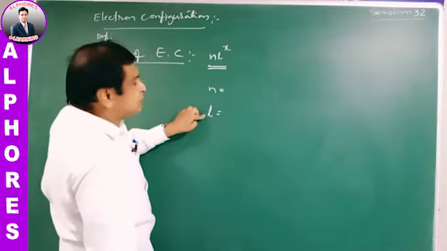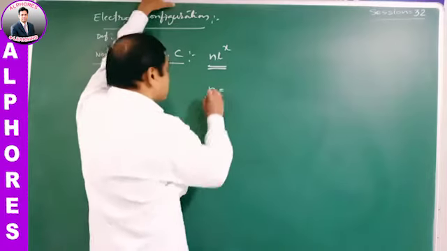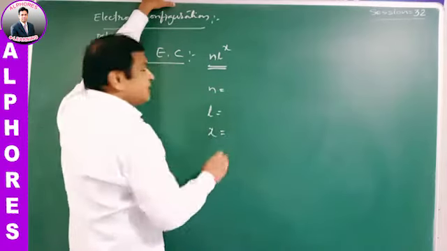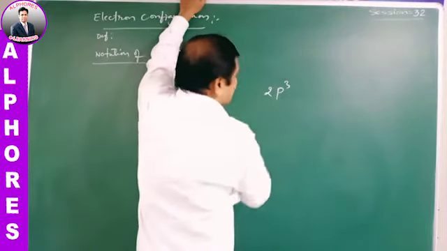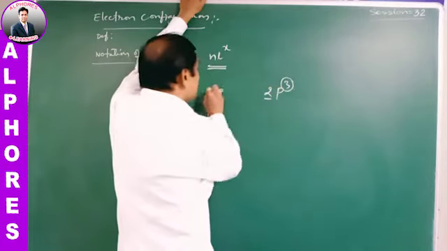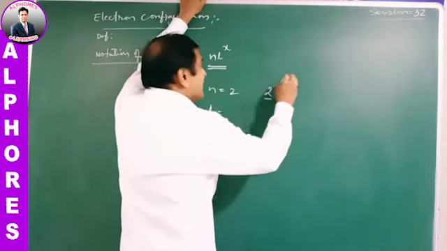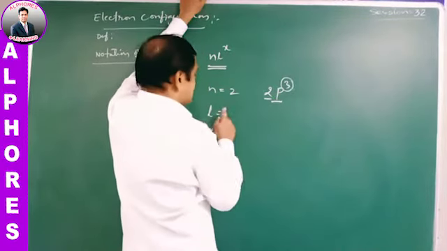L represents subshell: s subshell, p subshell, d subshell. X is representing number of electrons. For example, 2p3. That means 3 electrons are present in the second orbit, that is N equals 2, and the 3 electrons are present in p subshell. The L value for p subshell is 1.